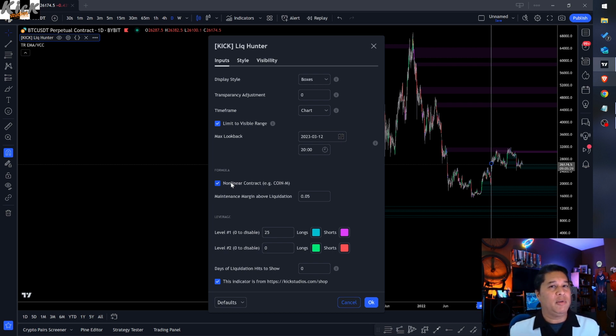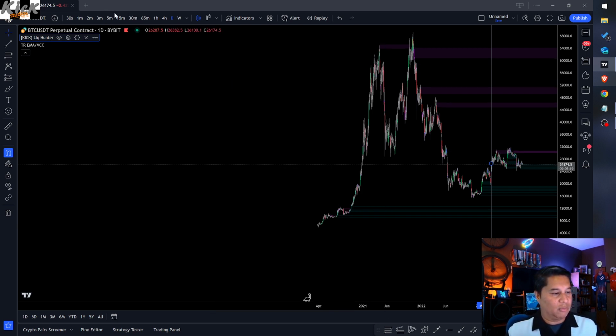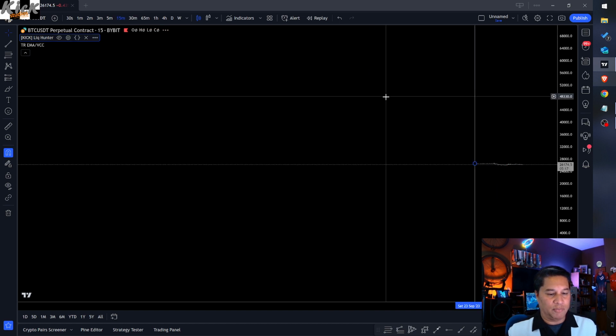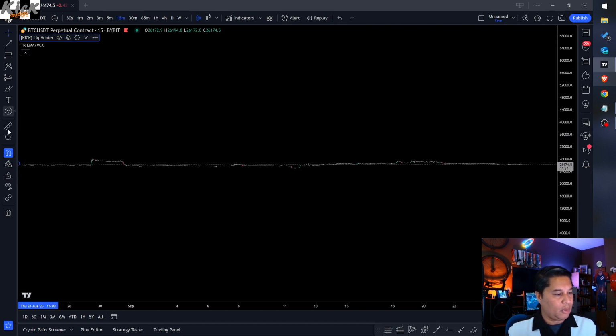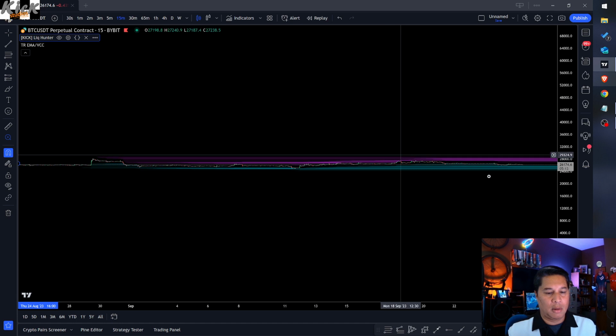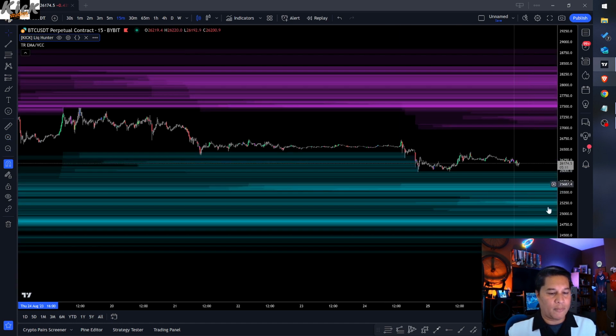If you're using BTC against USDT, that perpetual contract, in theory, you'd want to uncheck this. And let me see if I can show you how the formula changes the calculation. Let's just zoom in here.